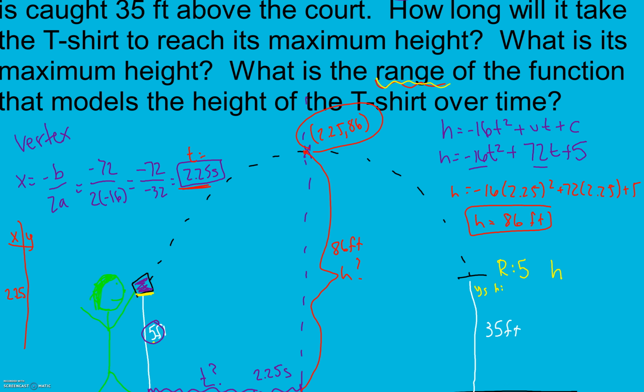And the biggest it can be is here at 86 feet. So we say that our height is in between there. Our height is greater than or equal to 5, and also less than or equal to 86. So again, if you wanted to, you could also use all real numbers there. All real numbers that are between 5 and 86.